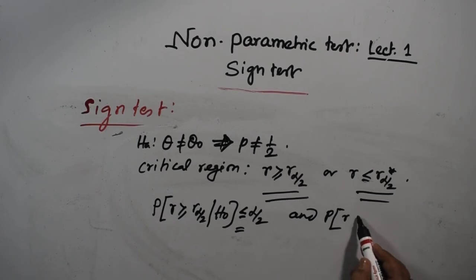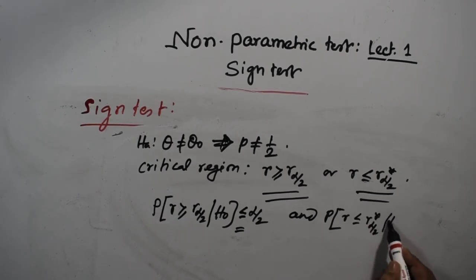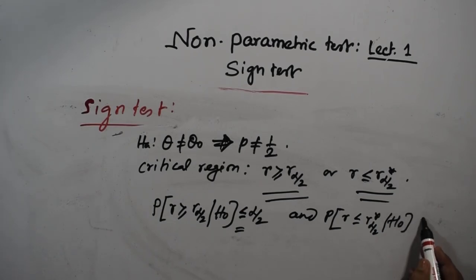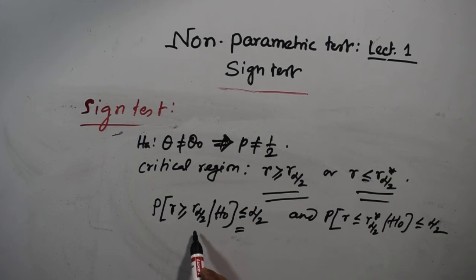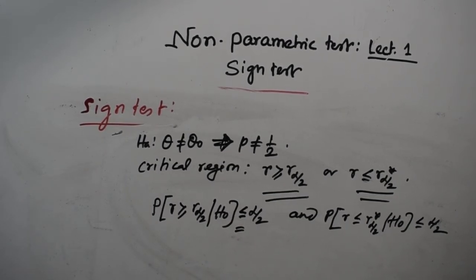Similarly you can use binomial tables or any other statistical software to find R alpha by 2 and R star alpha by 2 for the two-tailed test.